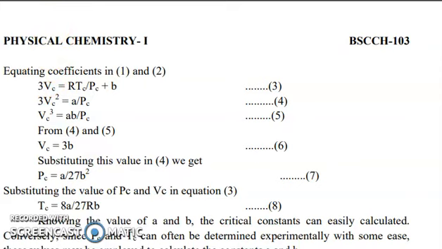So, V³ − 3V²Vc + 3VVc² − Vc³ is equal to 0. Thus, at the critical point, the van der Waals equation gives V³ − (RTc/Pc + b)V² + (a/Pc)V − ab/Pc = 0.